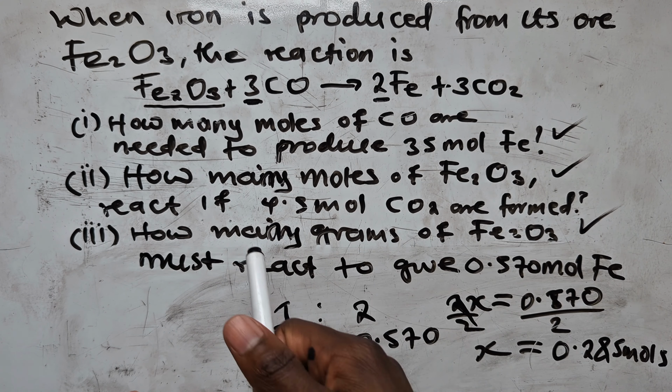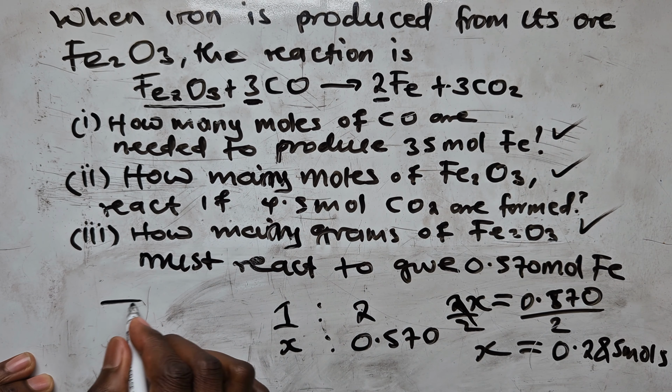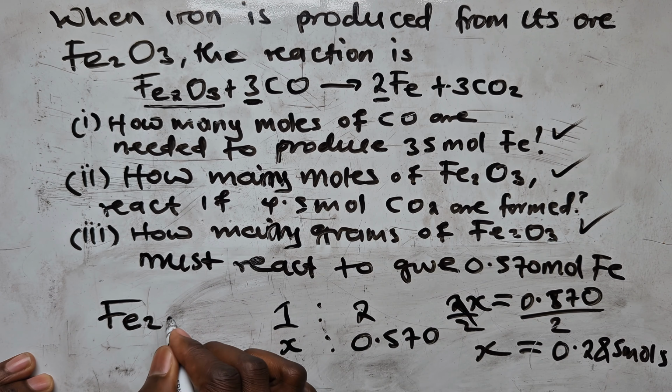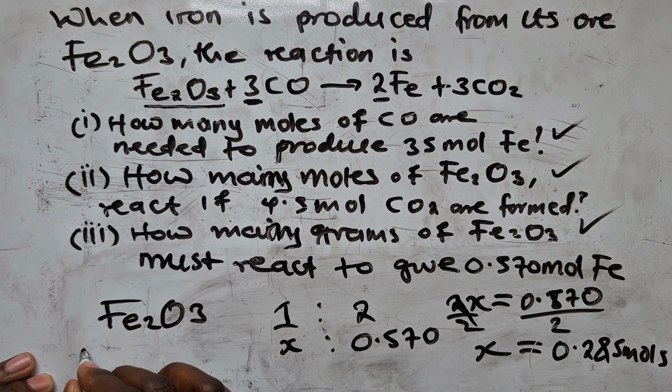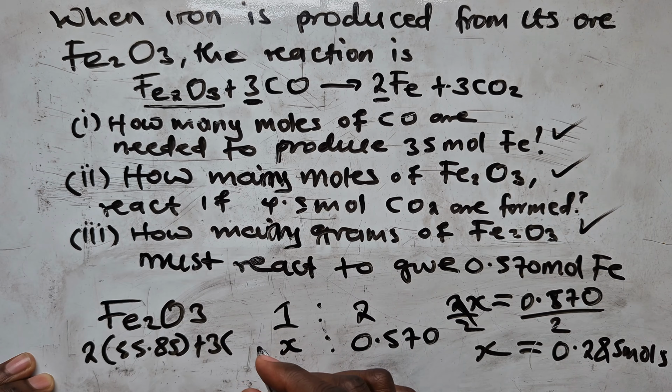How do you change? We need to know what is the molar mass for iron ore. So the molar mass for this one will be as follows: 2 multiplied by 55.85 plus 3 multiplied by 16.